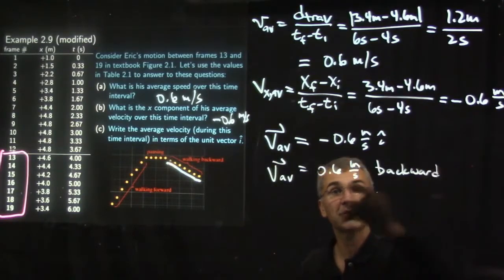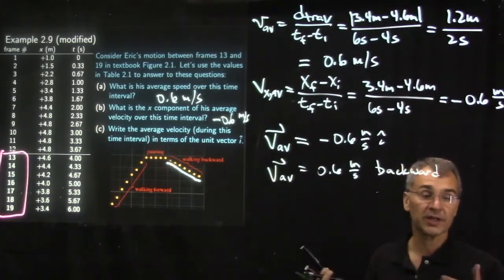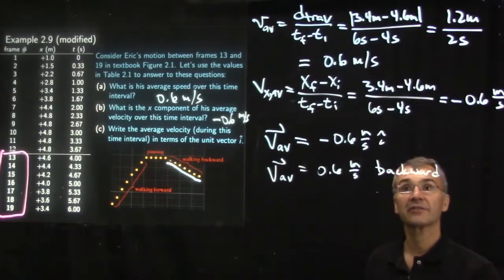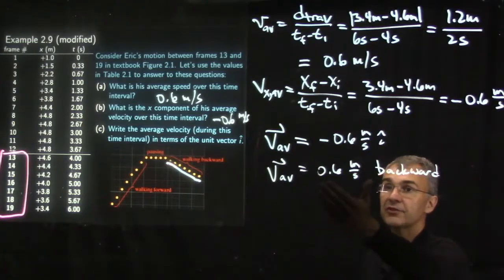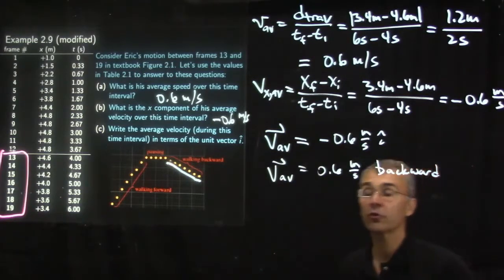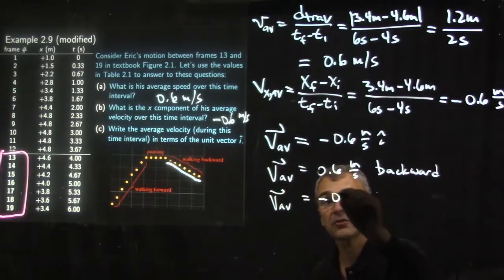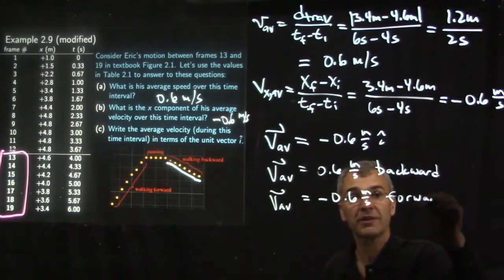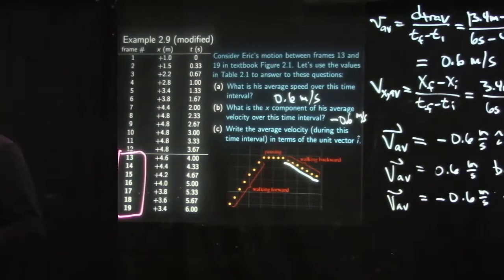So 0.6 meters per second is a magnitude, backward is a direction. So this is written as a vector. If you want to avoid the i hat stuff, you can just use a word for the vector direction. So v average is 0.6 meters per second backward. Or you could say v average is minus 0.6 meters per second forward. That's the same thing.